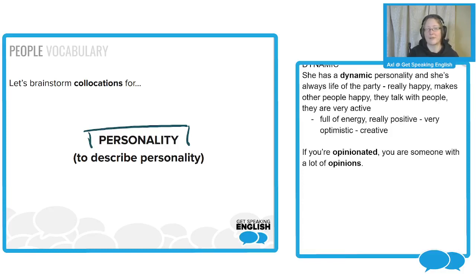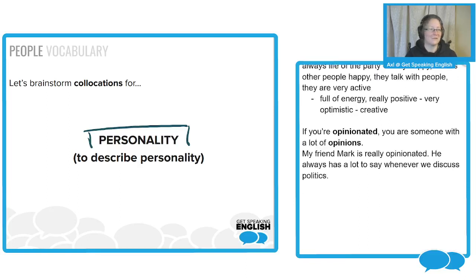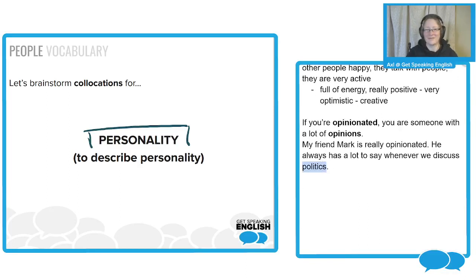People who are really opinionated, they tend to have a lot to say. So, for example, my friend Mark is really opinionated. He always has a lot to say whenever we discuss politics. Maybe because he cares about that a lot, he has a lot to say. So he's really opinionated.